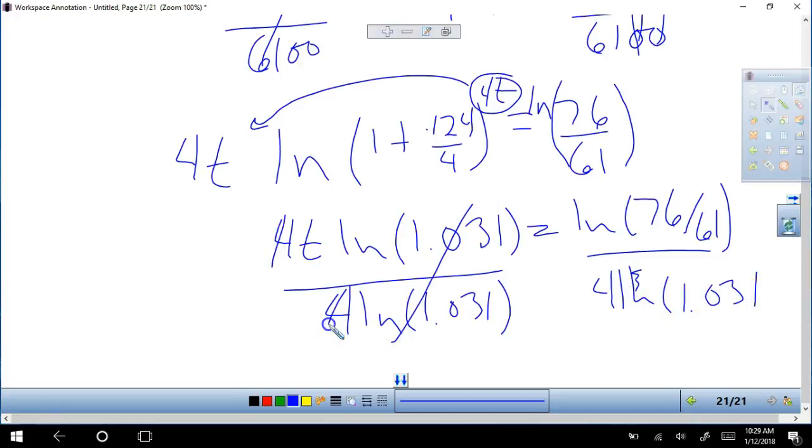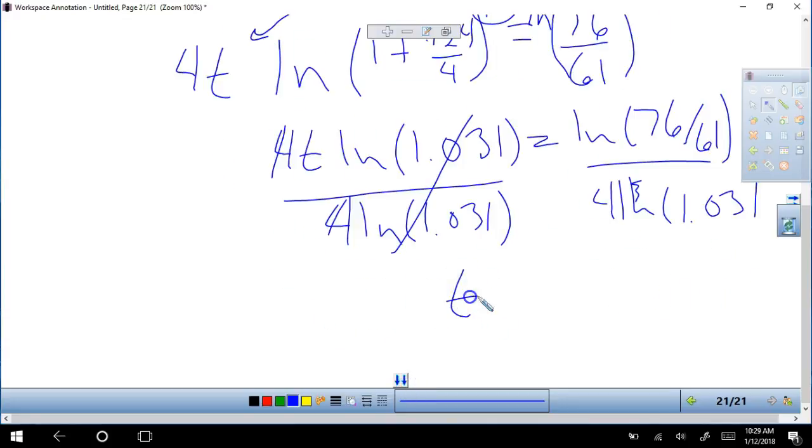The 4 cancels. So I get t equals, drum roll. I got 1.8.